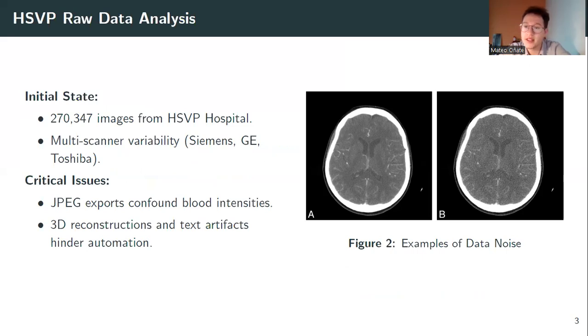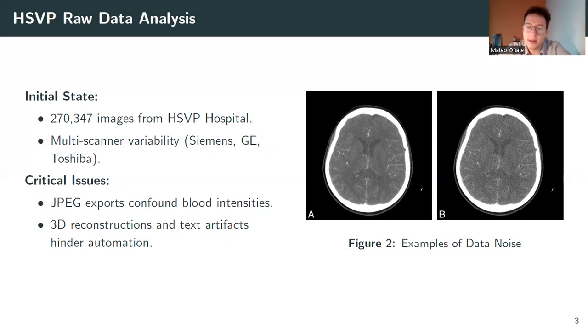This is where we face our true challenge, because in the global south we don't have the devices to improve the exports of the images, such as the DICOM exports. Here we have multi-scanner variability of Siemens, GE, and Toshiba. These are the three devices that we are using to export the JPEG images.